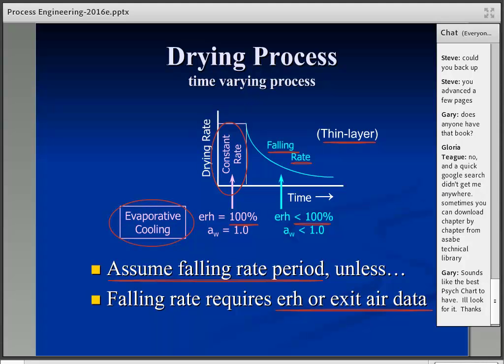You've either got to know that equilibrium relative humidity, based on having the psychrometric chart or the ASAE data, or the problem would just have to specify what the exit conditions are in the dryer. If the problem specified the temperature, humidity, some way of what's exiting the dryer, then that could tell you what you need to know, and you wouldn't have to have equilibrium in that case.